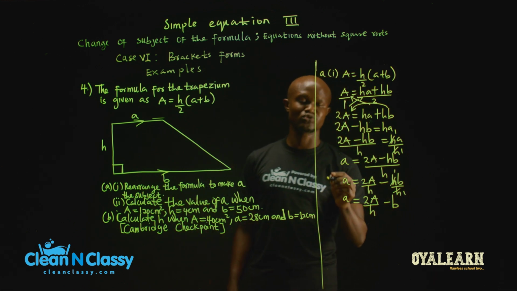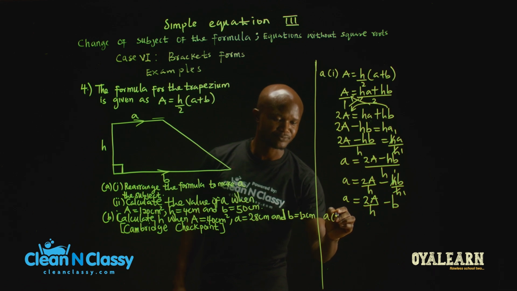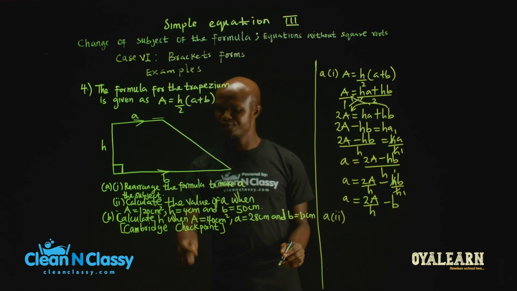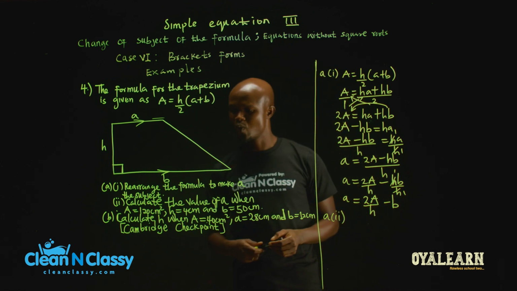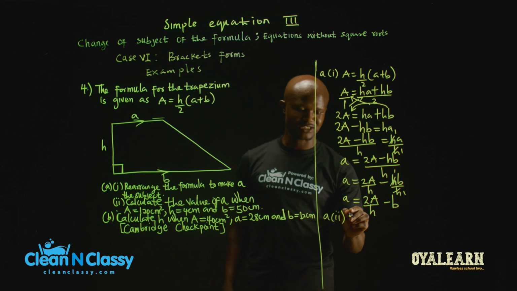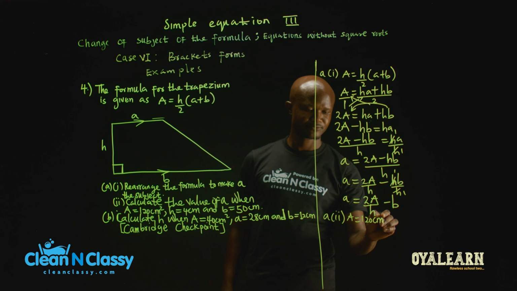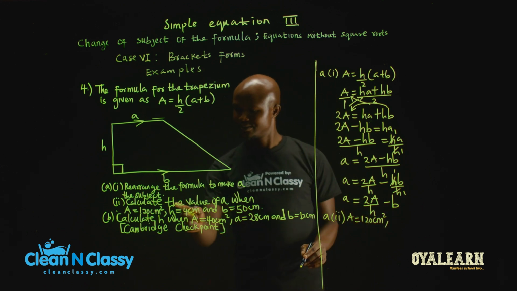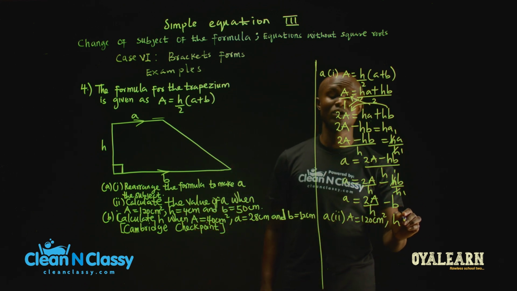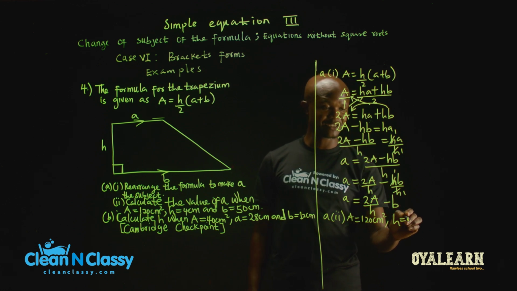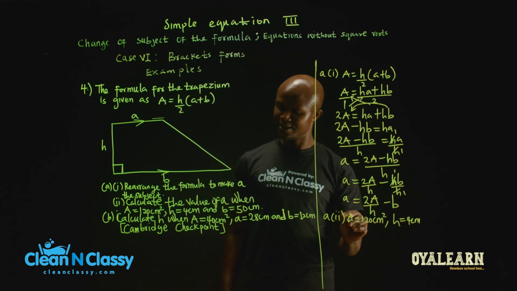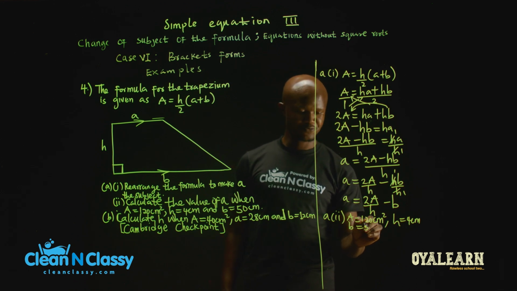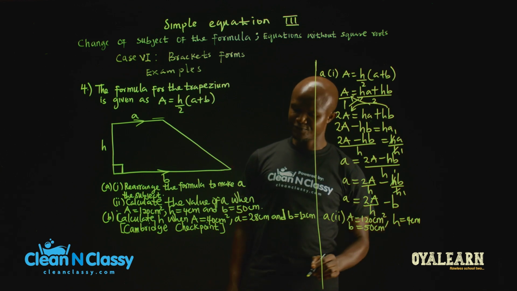For Roman figure 2, we solve that. Now for Roman figure 2, we have to find a when capital A equals 120 centimeters square, and when h equals 4 centimeters, and when small letter b equals 50 centimeters.